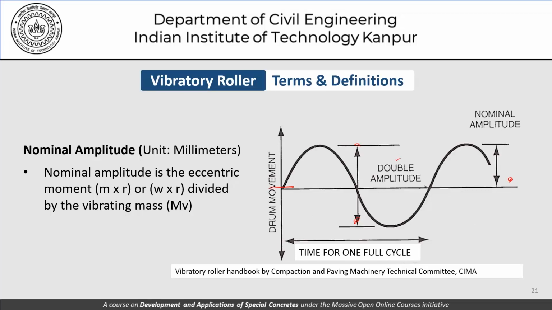And the nominal amplitude, by definition, is the eccentricity moment, that is m into r, or w into r, divided by the vibrating mass, which is mv. Now this is something which we are leaving out of the discussion as far as this course is concerned.